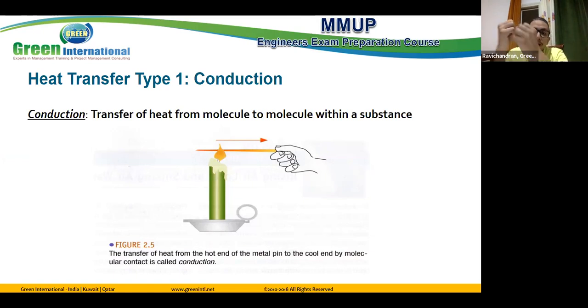One of the important things is contact. So the heat transfer here comes from the contact between the flame and the stick, and the stick to the hand. You feel heat due to your hand contacting the stick, and this stick has heat. So the heat transfers by molecular contact, so this is conduction.